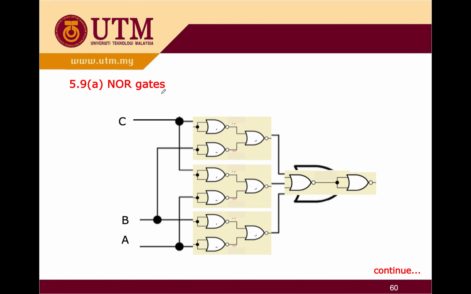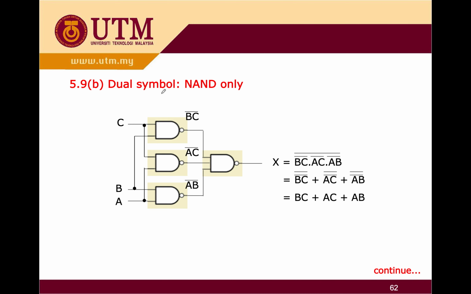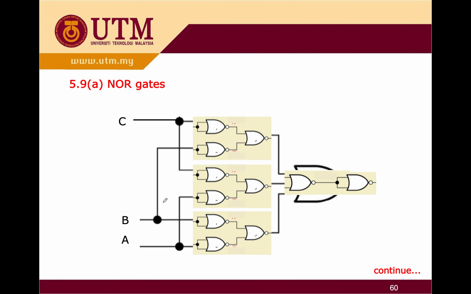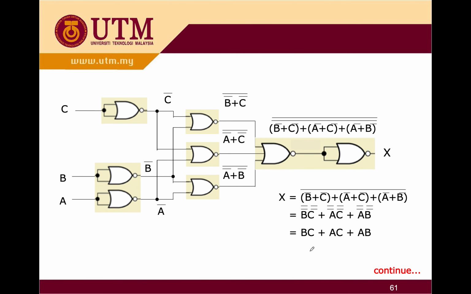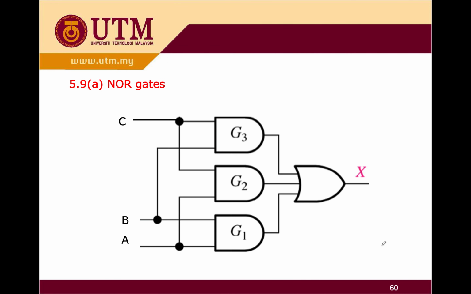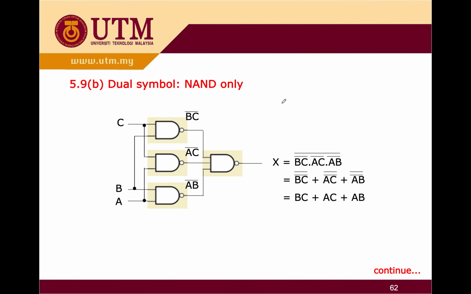This one is an example, so you need to draw both. This is the NOR gate circuit, and you're going to get the same as before. The Boolean equation is not going to change.